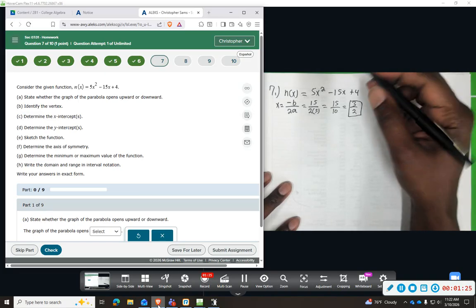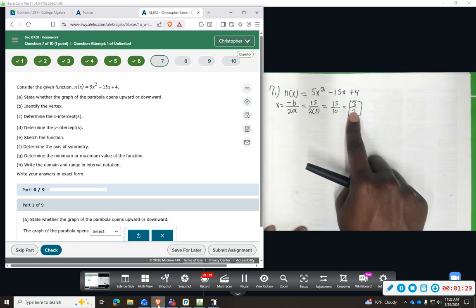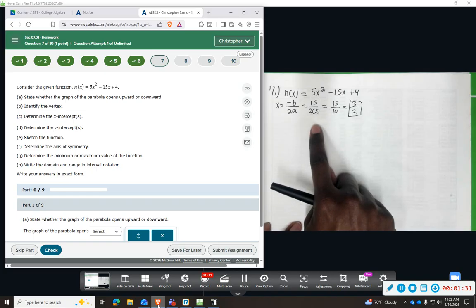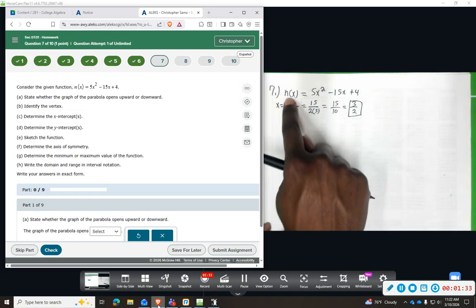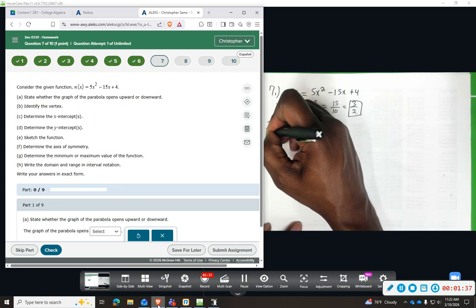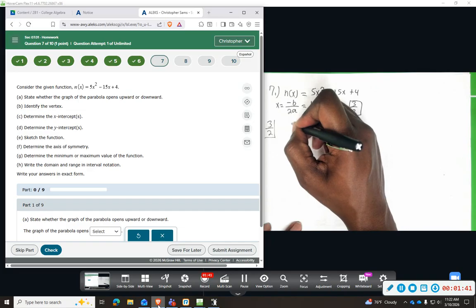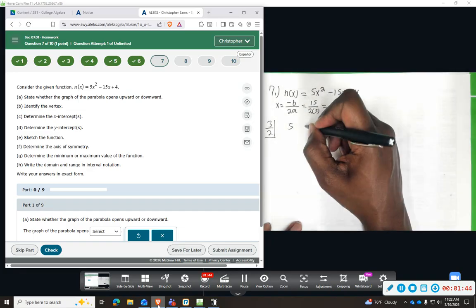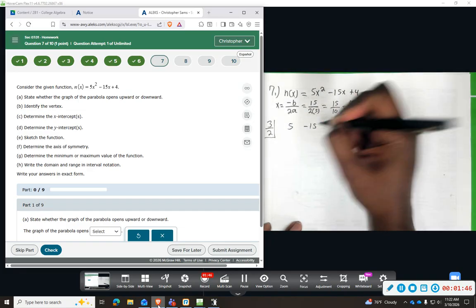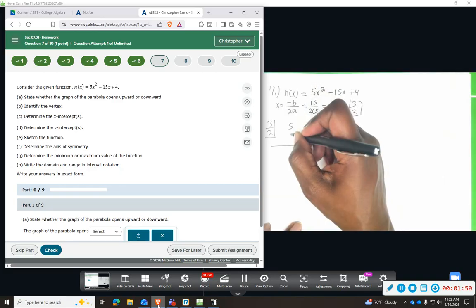All right, so since it's not a whole number, it will be a little bit more messy when we're trying to do synthetic, but I'll do it and then we'll double check by plugging it in. So I'm going to do 3 over 2, and then my coefficients are 5, negative 15, and 4. And we'll just double check when we finish.